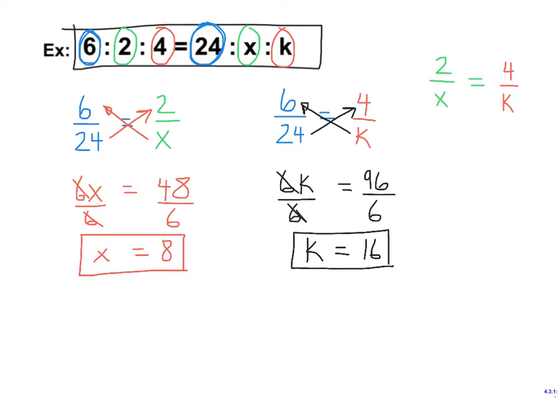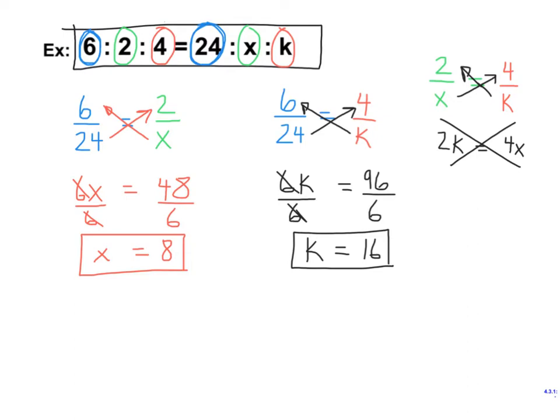I mean, yes, this is actually correct, but this would be impossible to solve for k and x at the exact same time. If you decided to cross multiply this, you would end up with, on the right side, 4 times x, which is 4x, and on the left side you have 2 times k, which is 2k. I mean, it doesn't matter if you divide out the 2 from both sides or the 4 from both sides. You cannot figure out k and x at the same time. It would be impossible to do that.